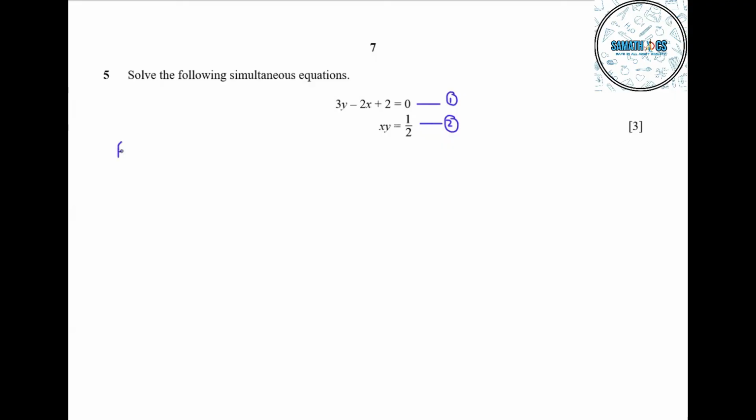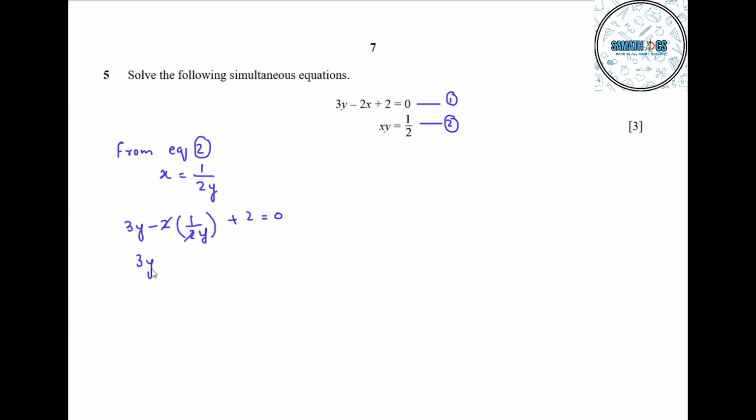So from equation 2, we have x is equal to 1 upon 2y. Now we have to substitute it in equation 1. So equation 1 will become 3y minus 2 into 1 upon 2y plus 2 is equal to 0. This 2 and this 2 will be cancelled out.